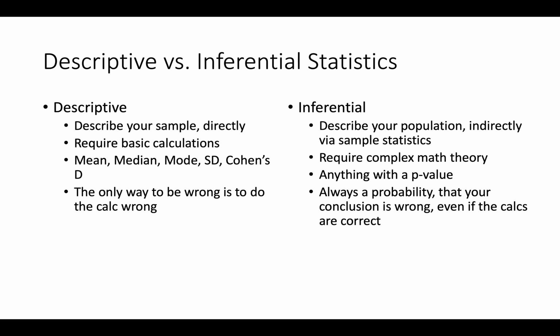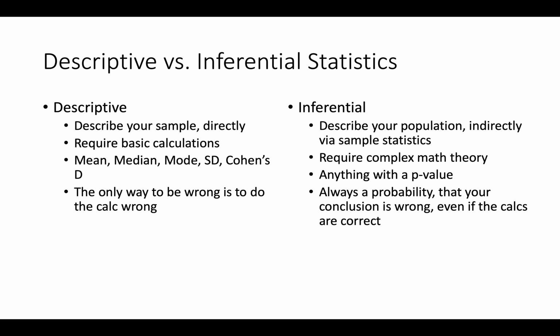Now, you can probably see a trend here, but inferential statistics infer population parameters from sample data, particularly from descriptive statistics from the sample, and are the foundation of the statistics we use in this course. These statistics do require complex math theory and assumptions that are not simple. We will not be talking about most of these theories and assumptions because that's the work of statisticians.